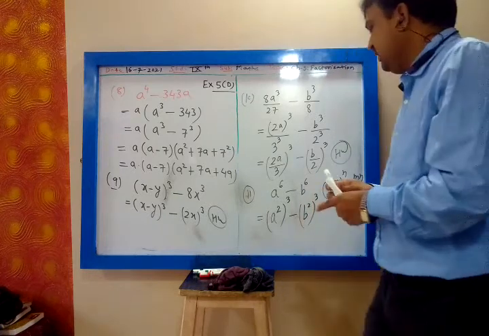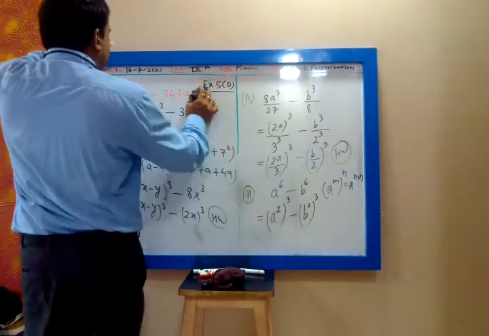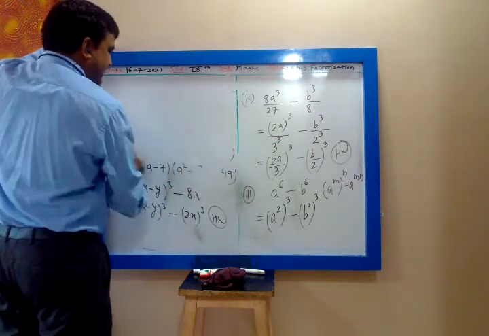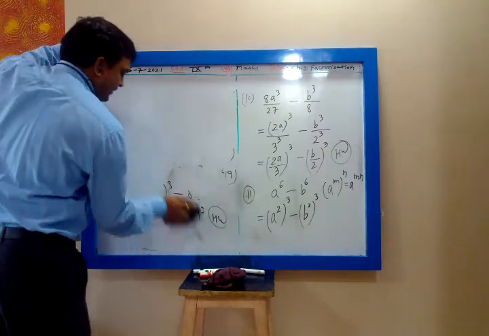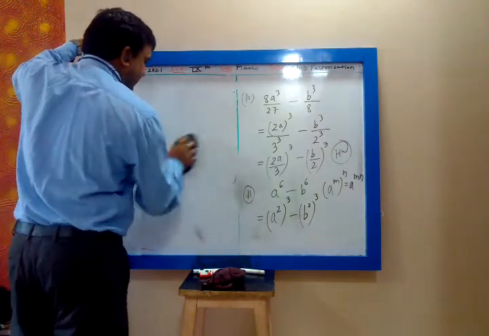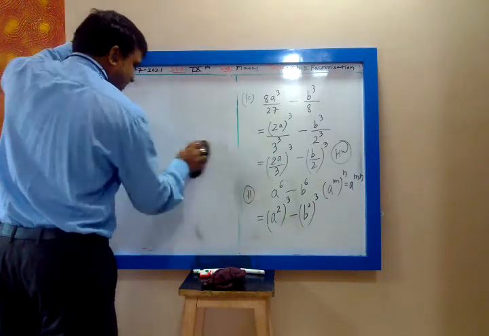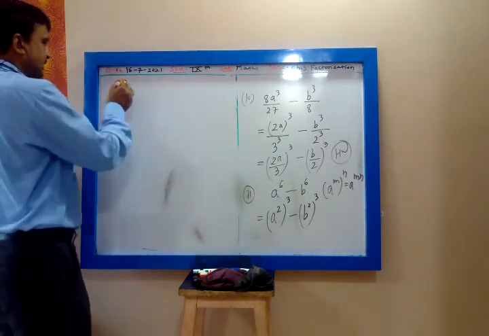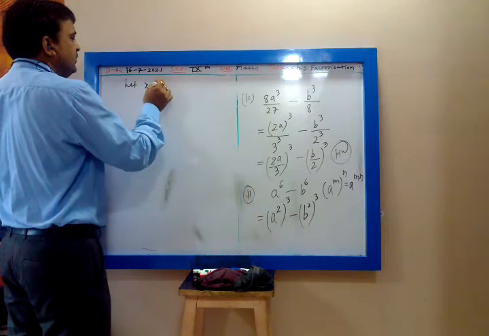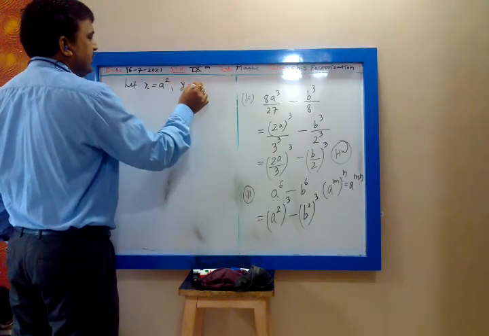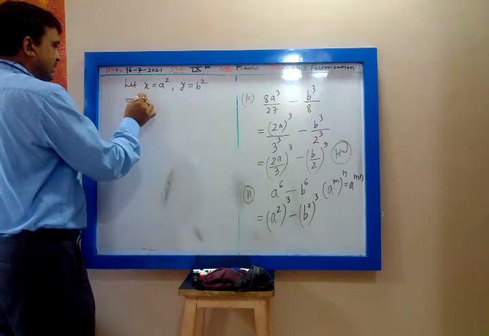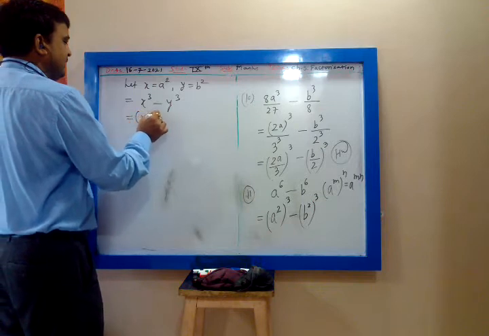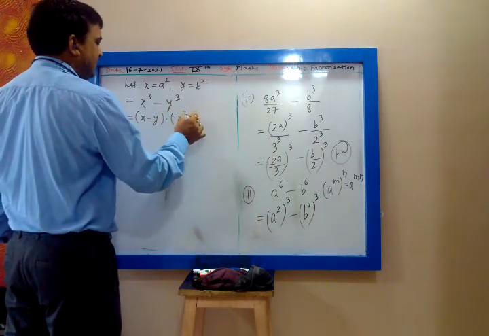So you can consider a square as x and b square as y, and simplify. Let x equal a square and y equal b square. So you will get x cube minus y cube. That will be x minus y into x square plus xy plus y square.